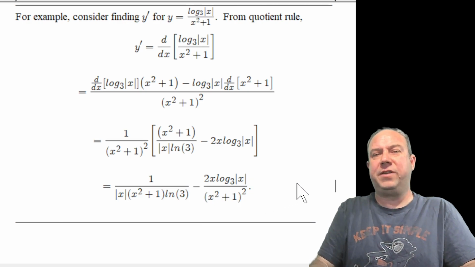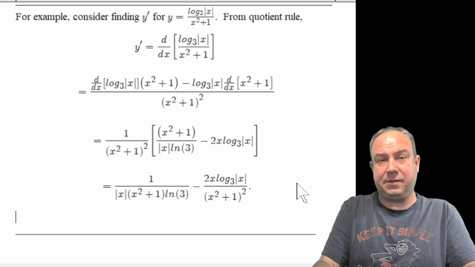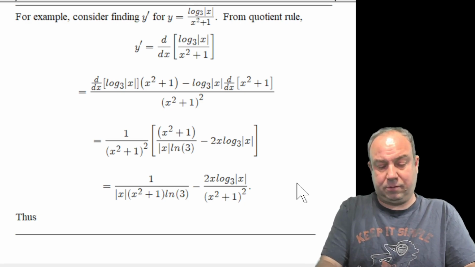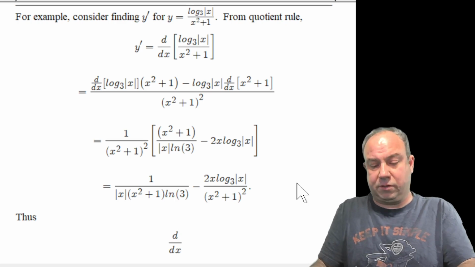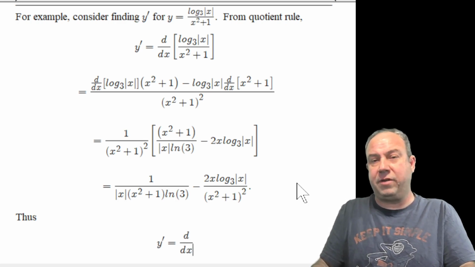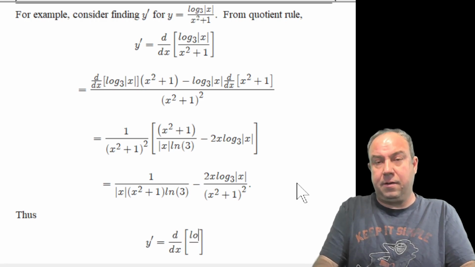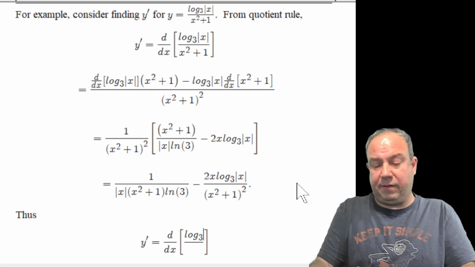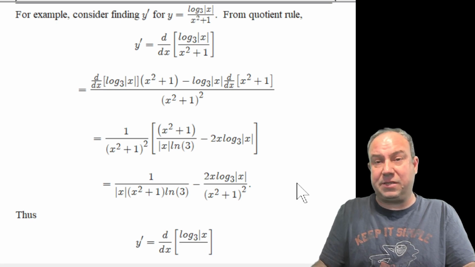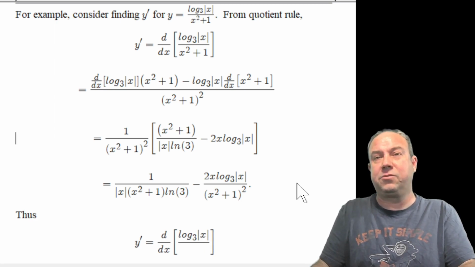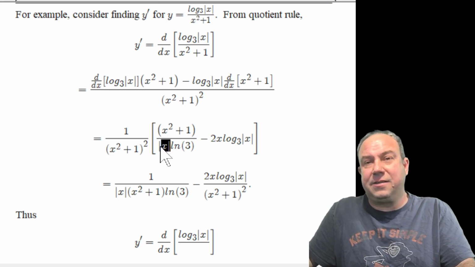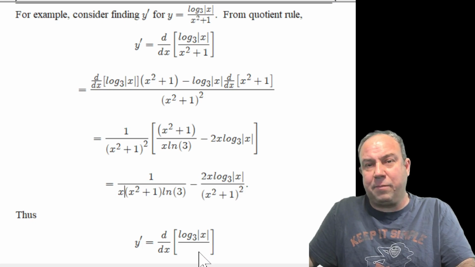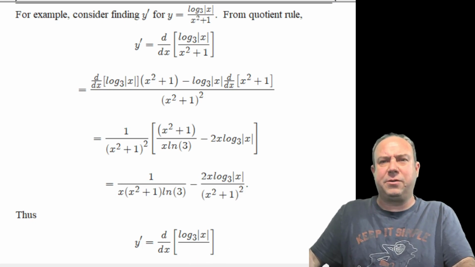Right? And maybe we should finish this one by saying, thus, the derivative, or we'll go back, we'll note this is going to be y prime, which is equal to the derivative with respect to x for the log base 3 for the, oh, I got to fix my answer here too, because what do we know? This is just x. This isn't the absolute value of x. Again, that was an error in my thought process there for some reason or another.